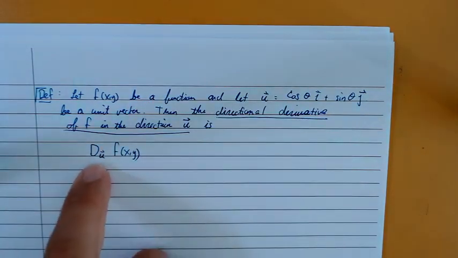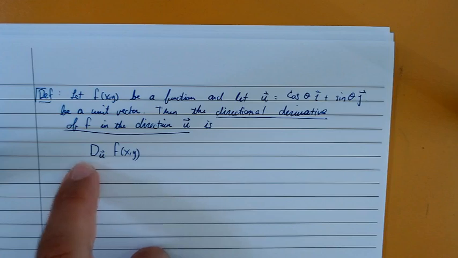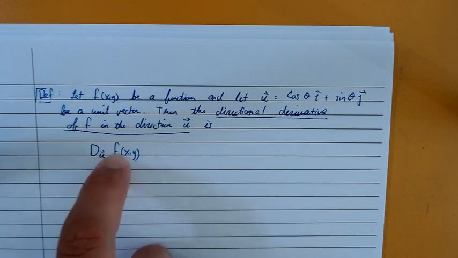So here this is an operator. It's like saying d dx or integral, right? Here you're saying we're taking the derivative in the direction of the vector u of the function f of x, y.